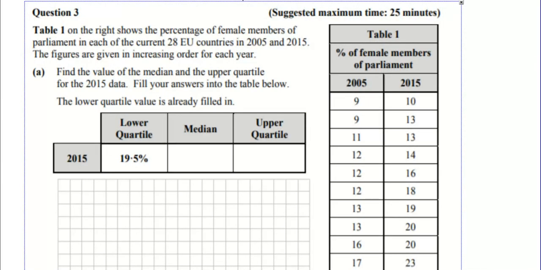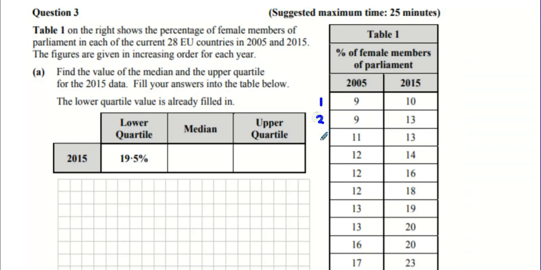Now, question 3. Table 1 on the right shows the percentage of female members of Parliament in each of the 28 EU countries in 2005 compared to 2015. The figures are given in increasing order for each year. So there should be 28 different countries here.